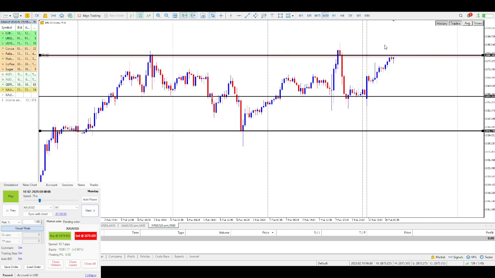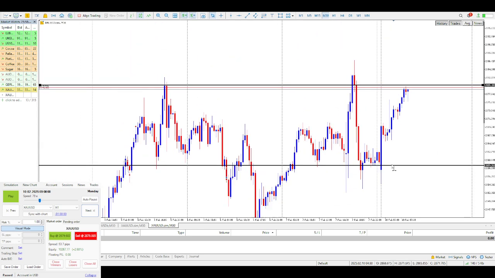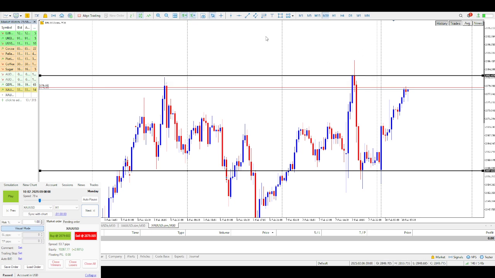On the 30 minutes time frame, you can see that price is moving bullish, and you're approaching a resistance zone up there. And also we have another support zone here that I cannot ignore.